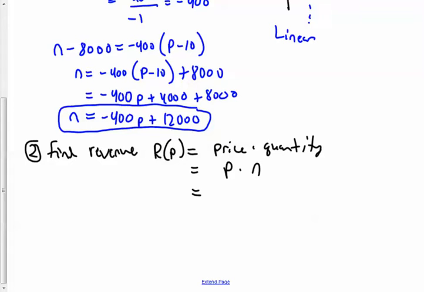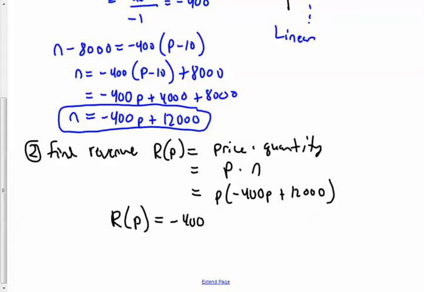Rewriting this all in terms of price, well, p times negative 400p plus 12,000, that should give us the revenue function, which tells us at any particular price, to find the total revenue, how much money is taken in, should be negative 400p squared plus 12,000p.